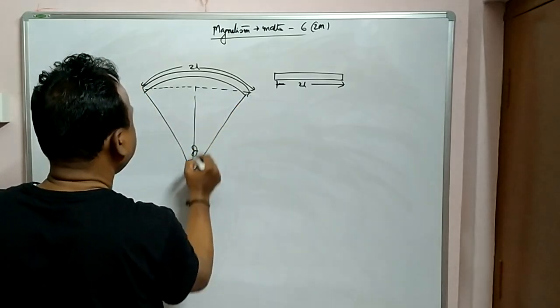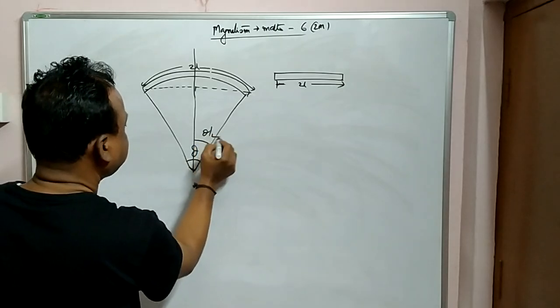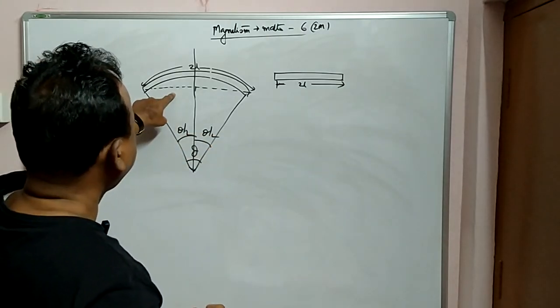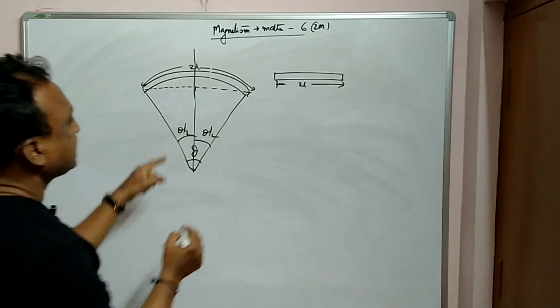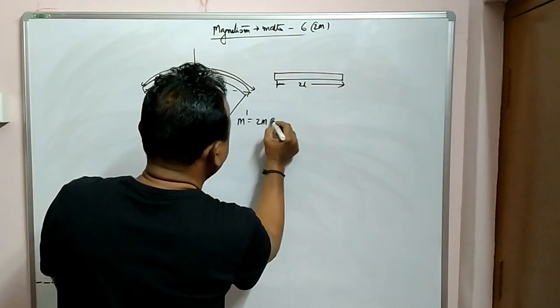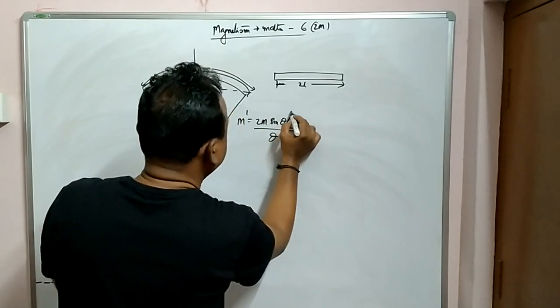This will be the theta by 2 bisector. This will be theta by 2. So you can see when it is bent in this fashion, the new magnetic moment is given by 2m sine theta by 2 by theta.